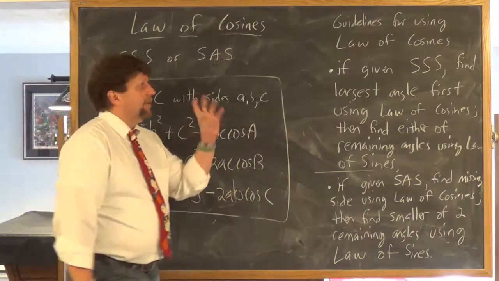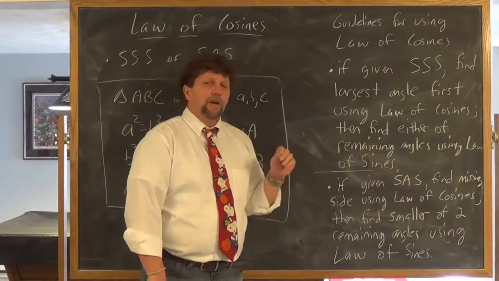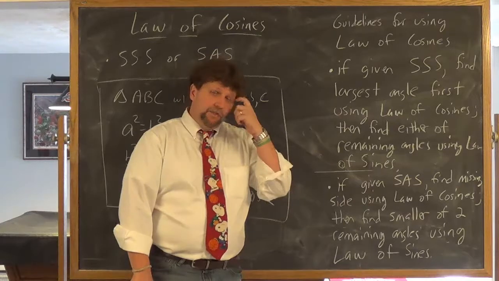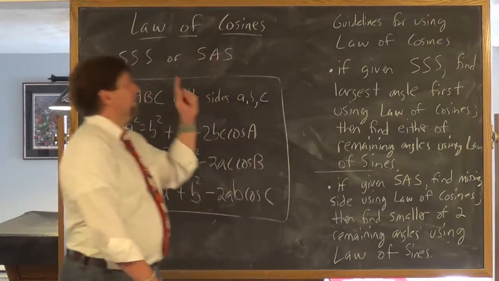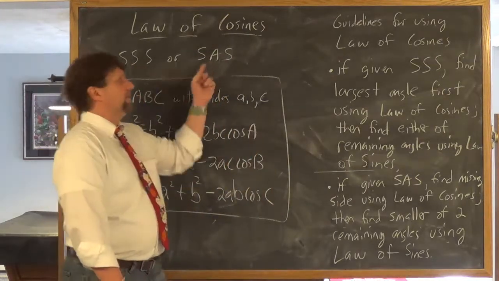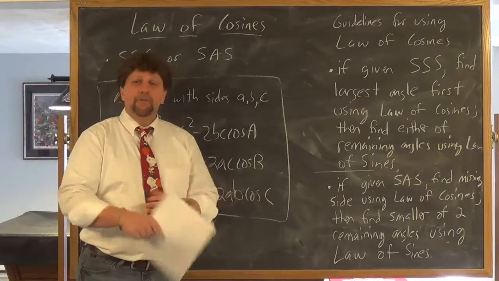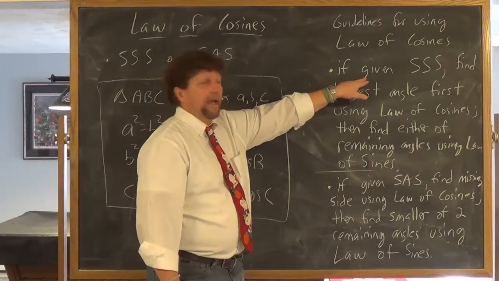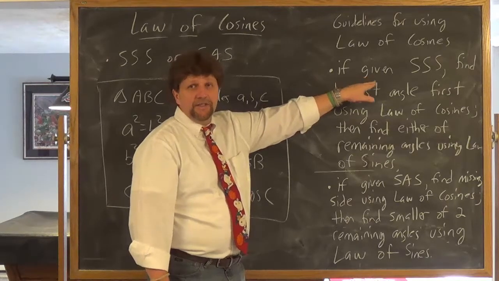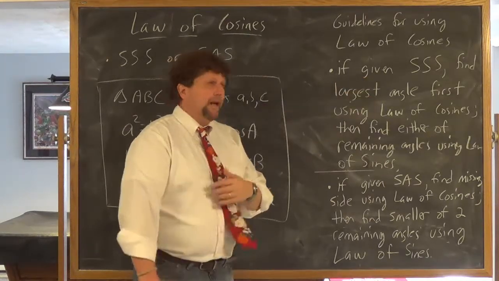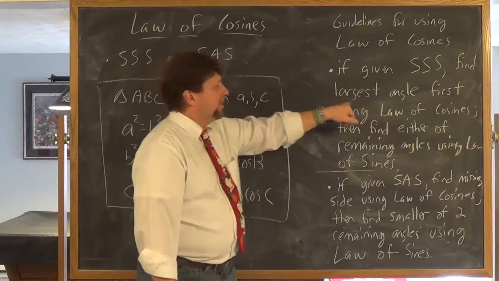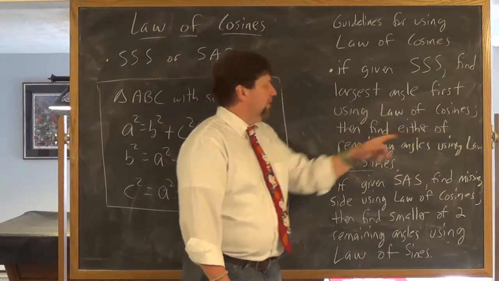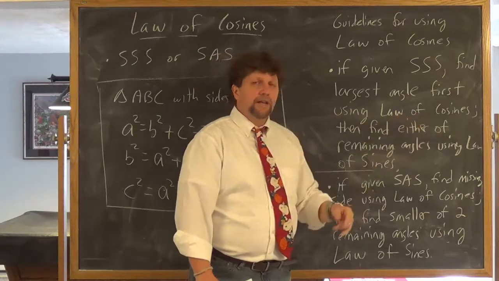Then I would write out some guidelines that I always share with people on using the law of cosines. This is when you're given side-side-side or side-angle-side information. If you're given the measurement of all three sides, in the side-side-side case, my guidelines are to find the largest angle first using the law of cosines.